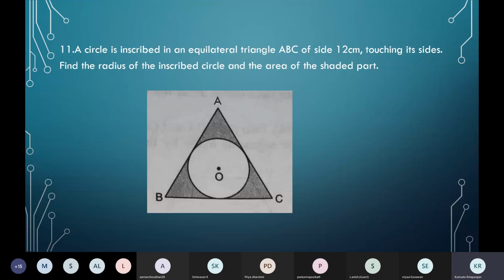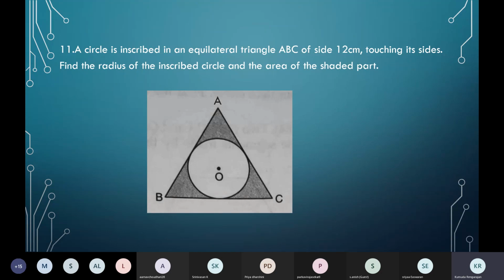The figure is given to us. Write the question, take the figure. Try it yourself first. So how do we initiate the thought process, from where to think, what to think?